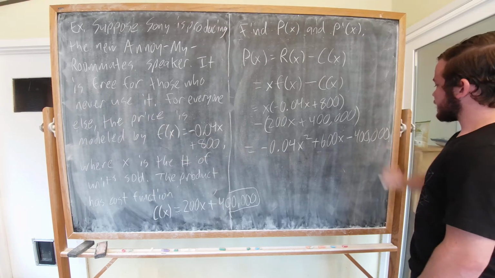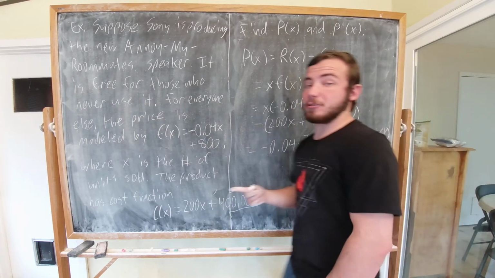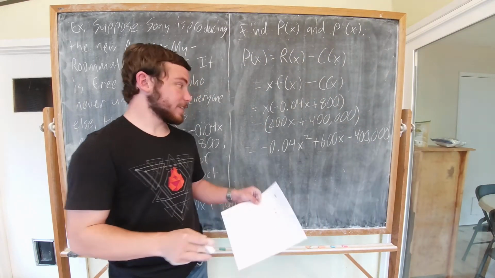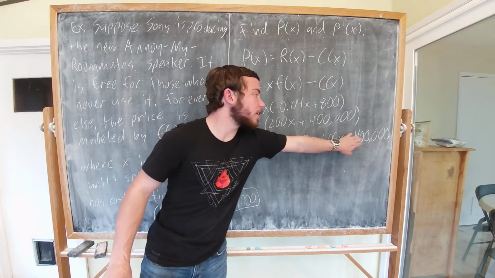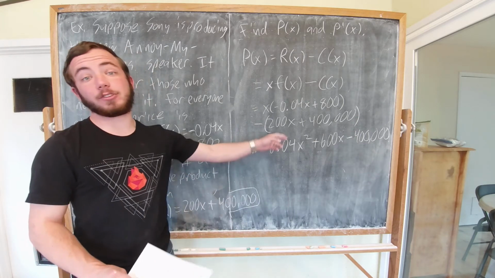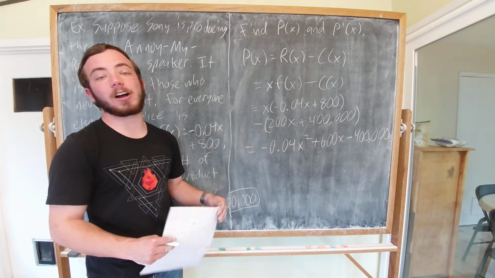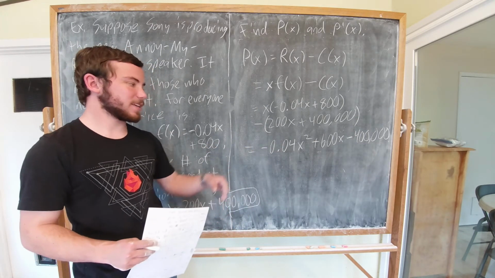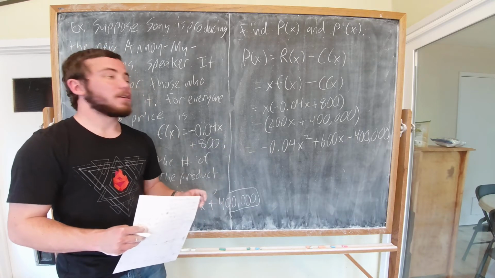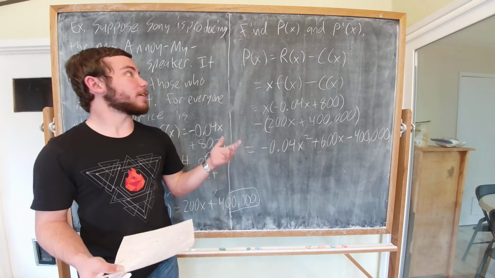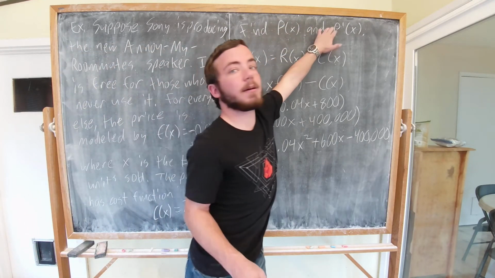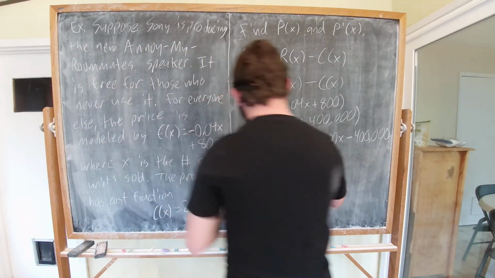So this is a deeply non-profitable product until you produce enough that this linear term can start overwhelming all of that. But if you produce too much, then it will start costing you more again, because it's quadratic. All right, cool stuff. Now, to find the marginal profit function, we're going to find P prime of x.